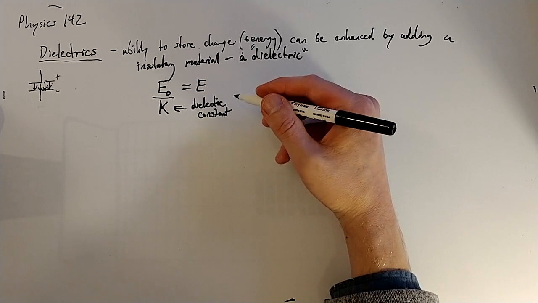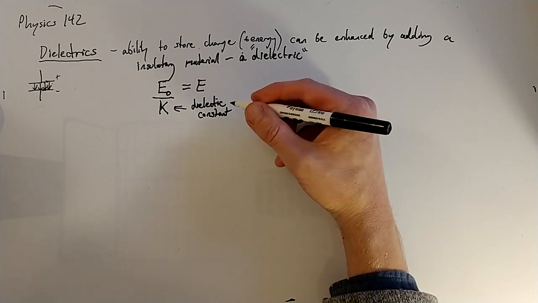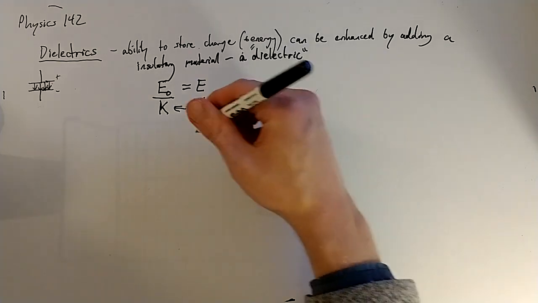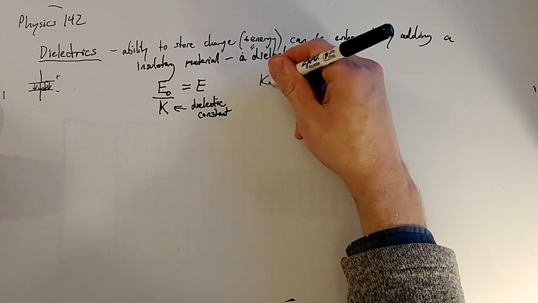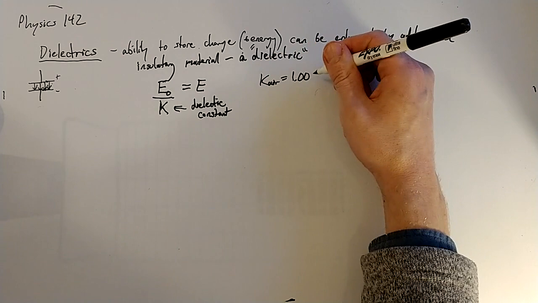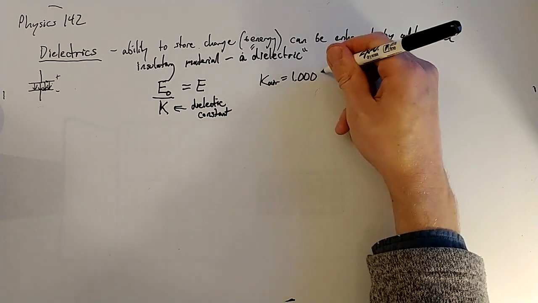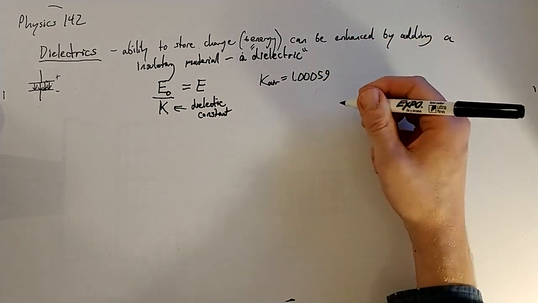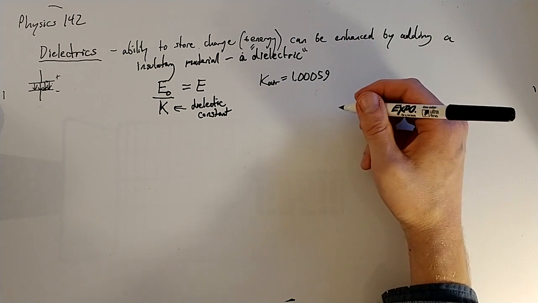So vacuum has 1, and air has a dielectric constant just a little bit more than 1. I think K for air is something like 1.00059 at 20 degrees Celsius.